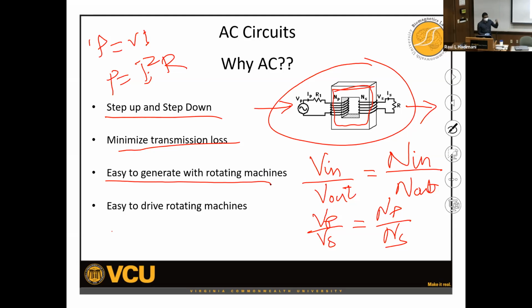If you don't have AC power, then it will be really difficult to change the poles manually or by some other mechanism. The motors become complex if you don't have AC power. Because with AC power, you go to one polarity and then another polarity.